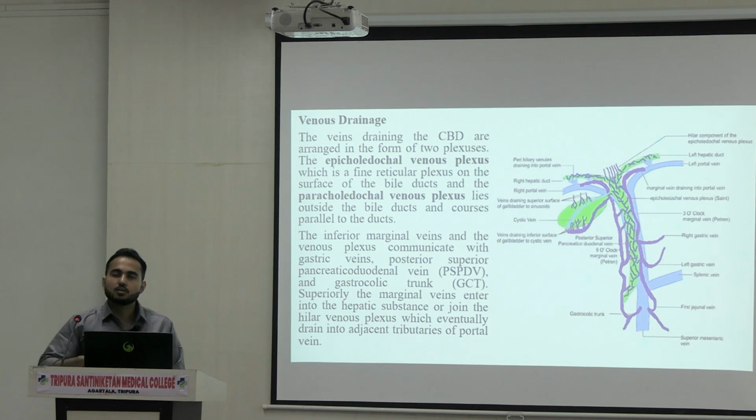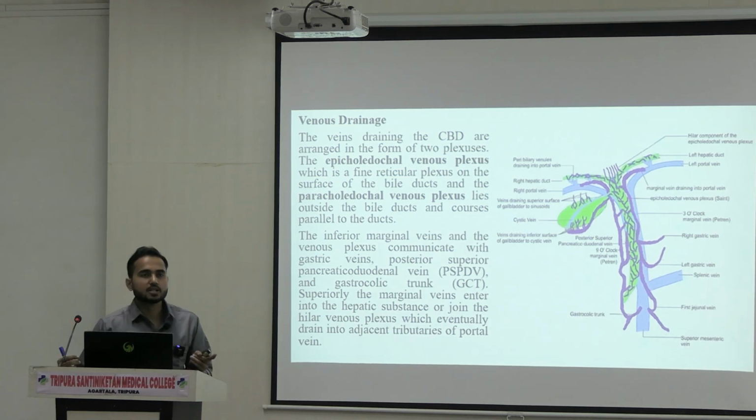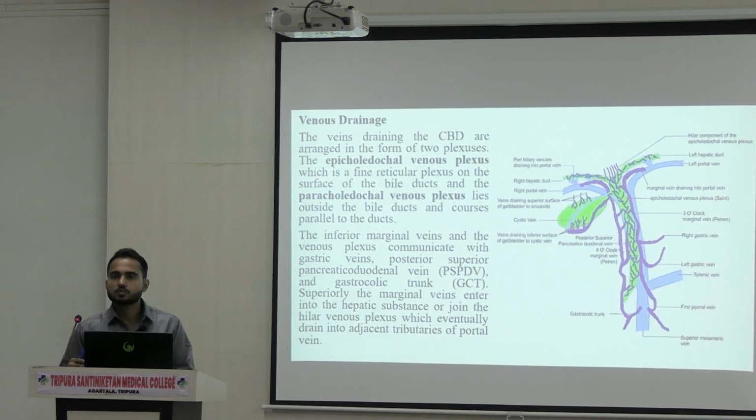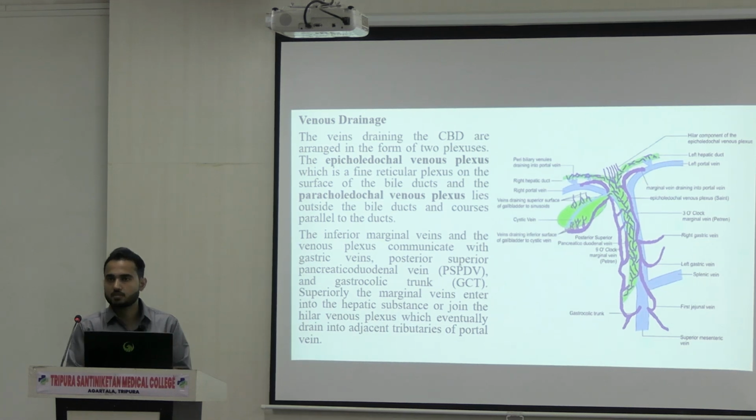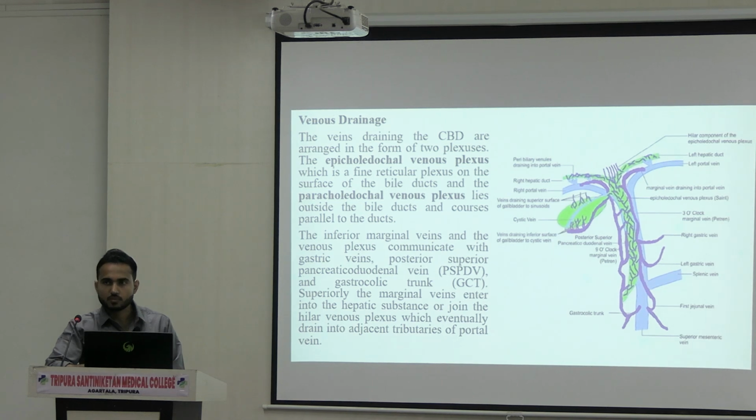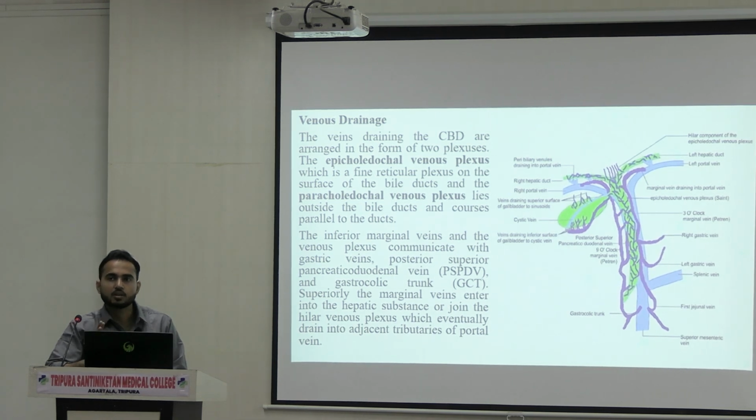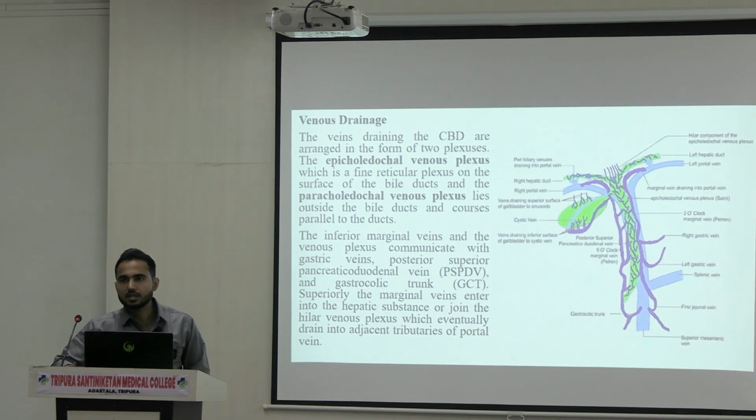Last time I hope you remember we discussed the portal vein, and I told you that most of the GIT, except the lower part of the rectum, is drained by the portal vein. Here also these are parts of the GIT, offshoots of the GIT. So the venous blood will go to the portal vein, and from the portal vein to the liver.